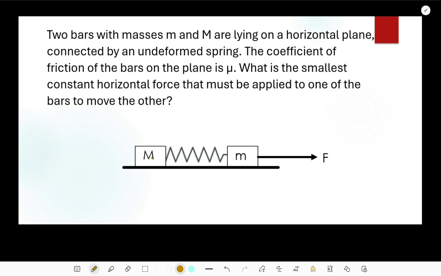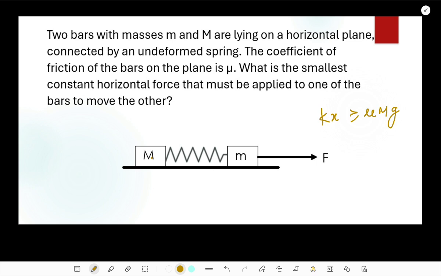It is going to apply a force like kx, and to move this block of mass capital M from its place, we will need a spring force that is greater than or equal to mu Mg. In the limiting case, it is equal to mu Mg.